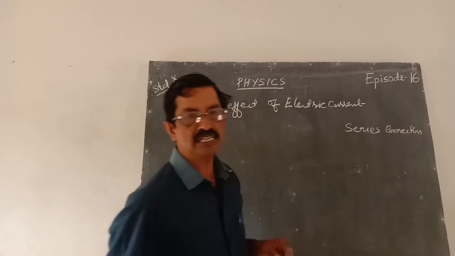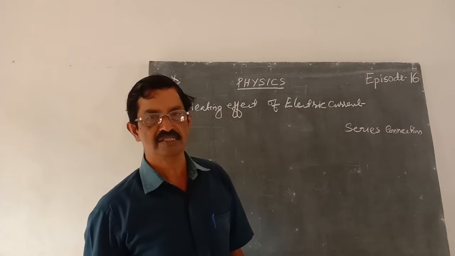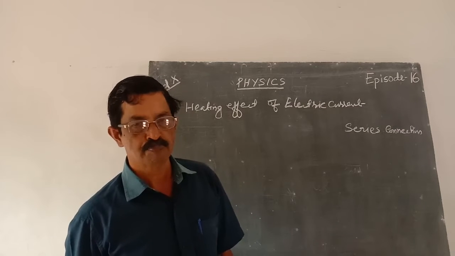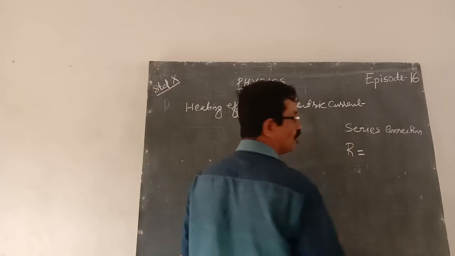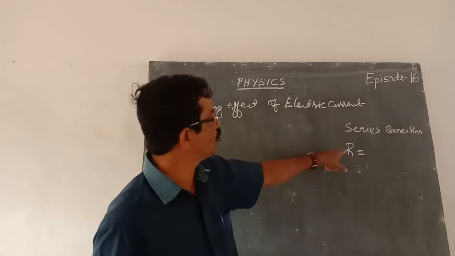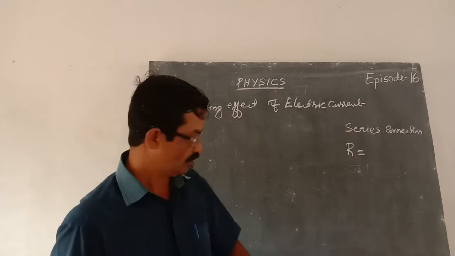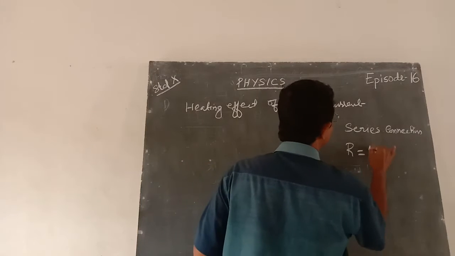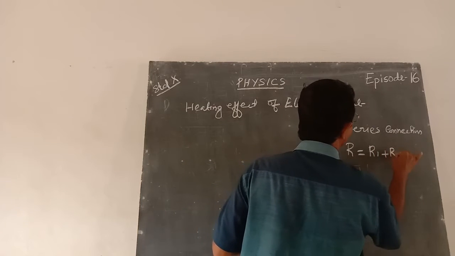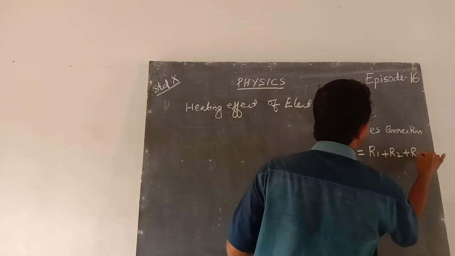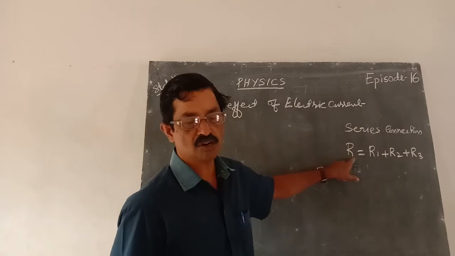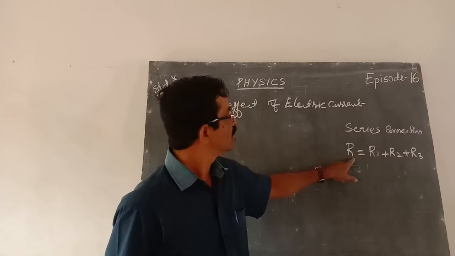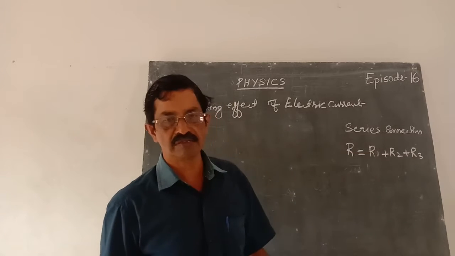When we connect resistors in series, the total resistance or effective resistance in the circuit R is equal to R1 plus R2 plus R3 etc. That means the total resistance here will increase.